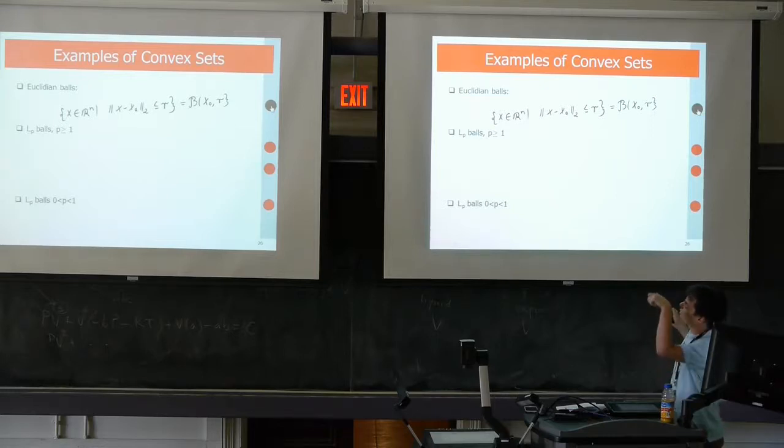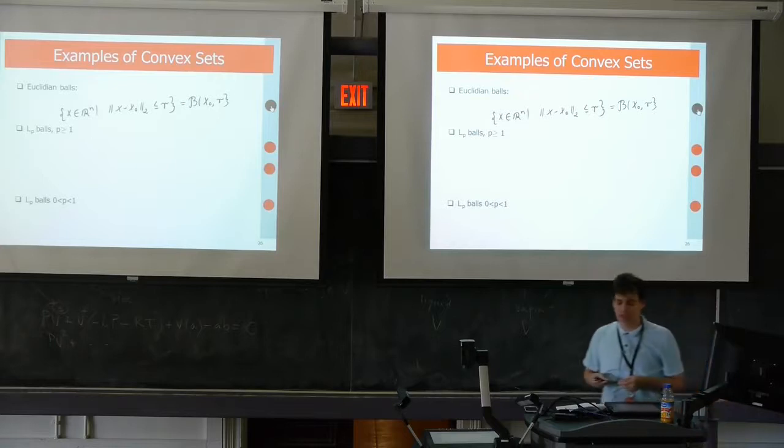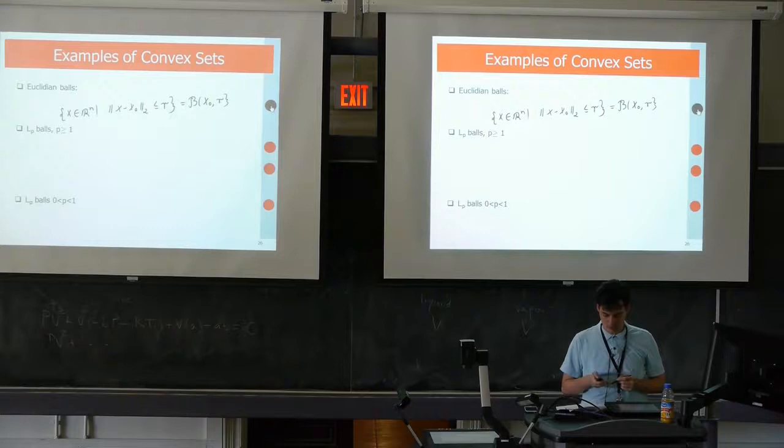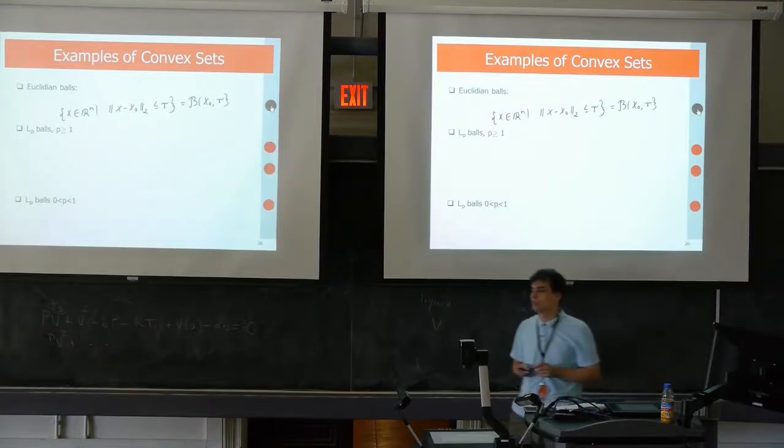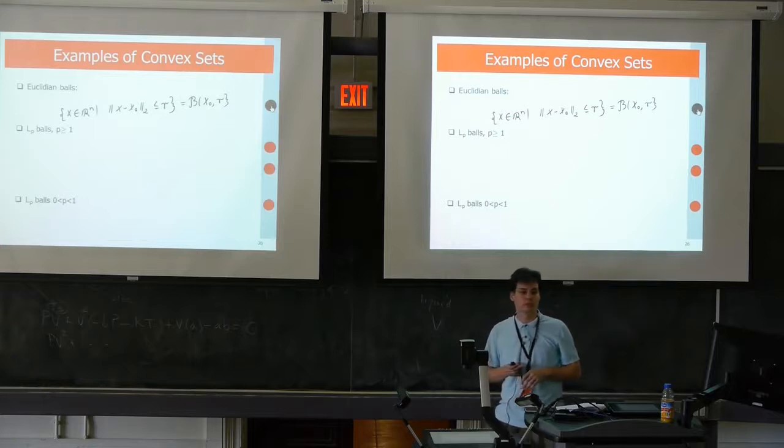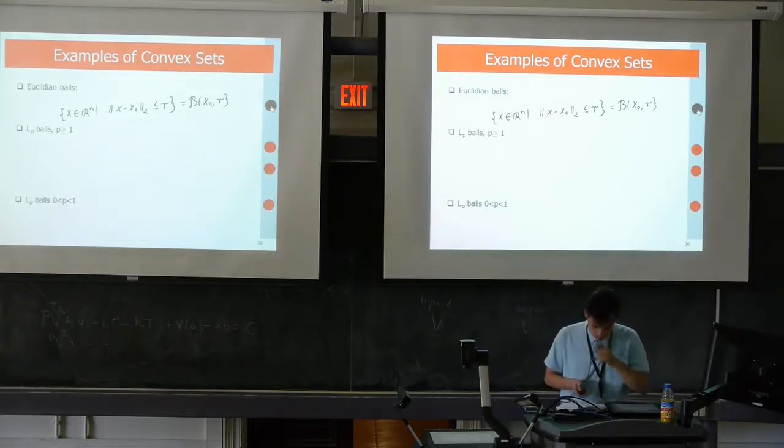So with balls, we have a center point x0 and the radius r, and the constraint is that the distance between x and x naught, that is the norm of x minus x naught, should be not more than r. How about Lp balls? Who hasn't heard about Lp balls yet? Okay, so there are a few people.